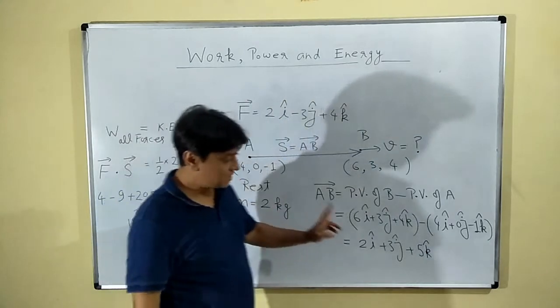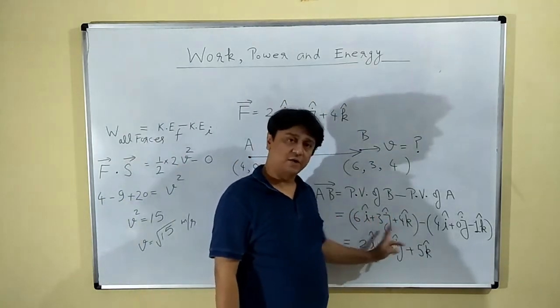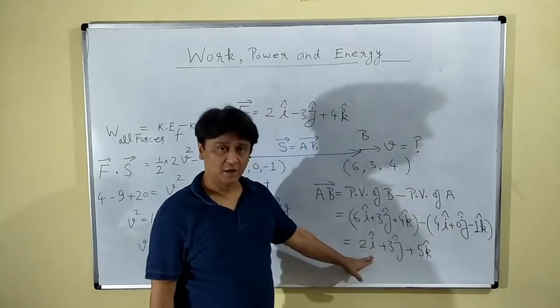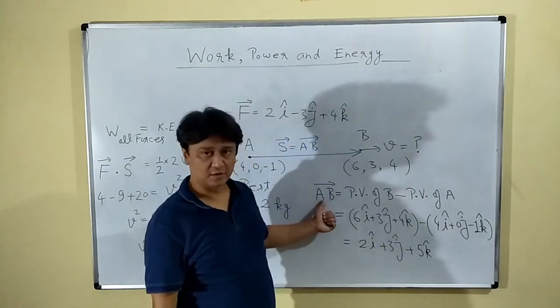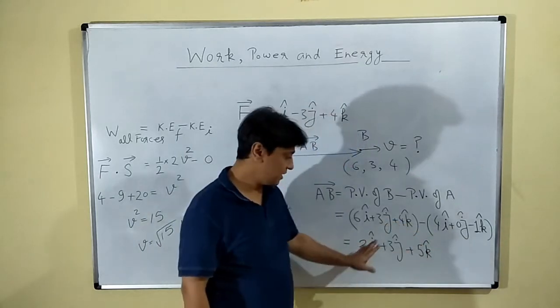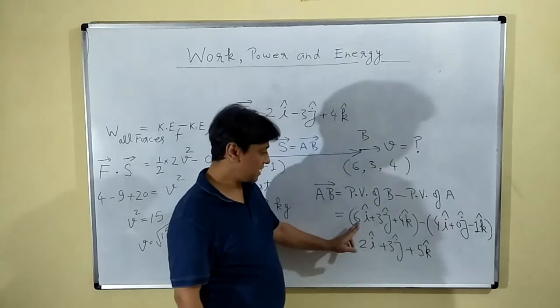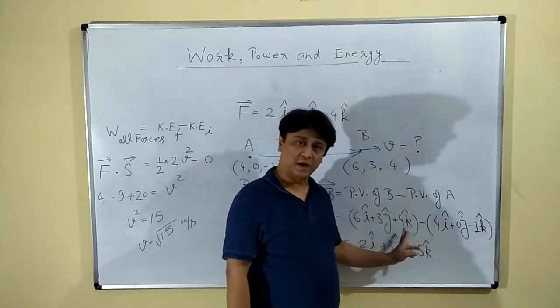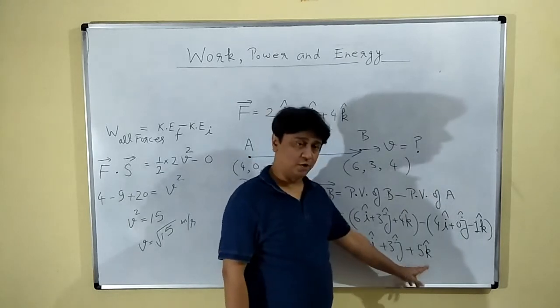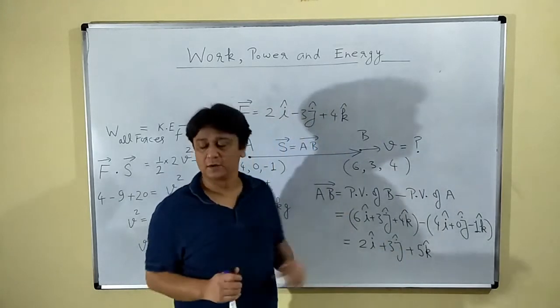When you subtract, when I say I with I, it means 6i minus 4i, you will write 2i because ultimately you are getting a vector. J with J, K with K, you will keep i, j and k. You can subtract i with i, j with j and k with k, and then you retain i, j and k because you are dealing with a vector.